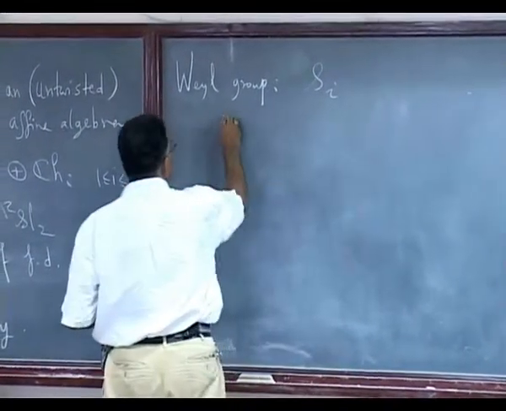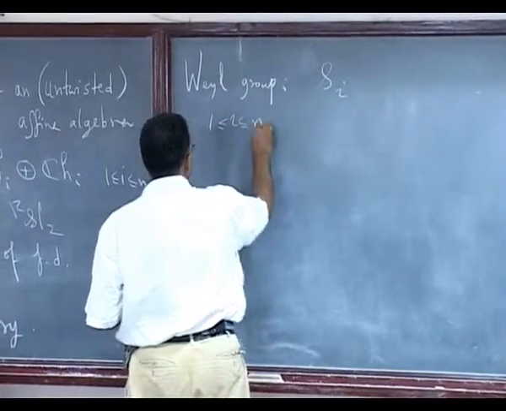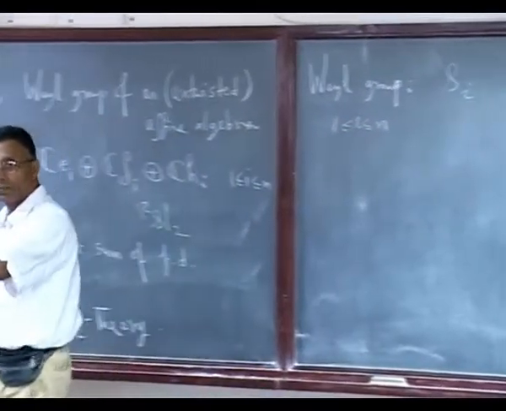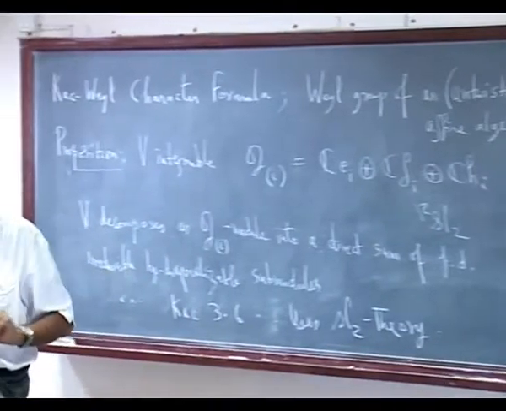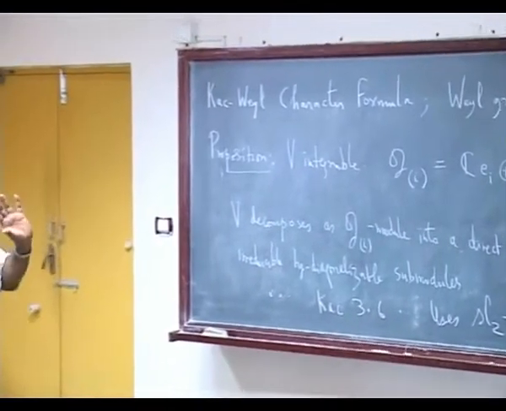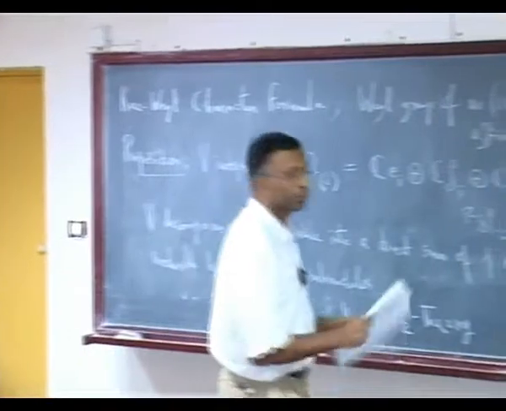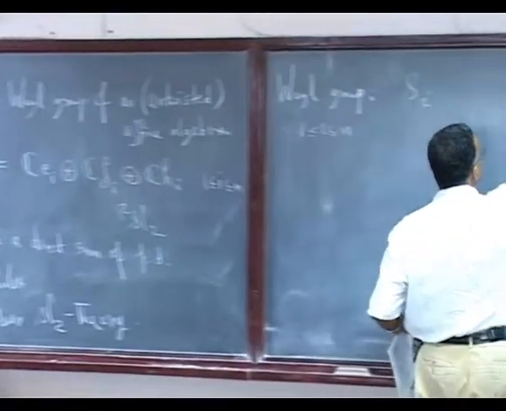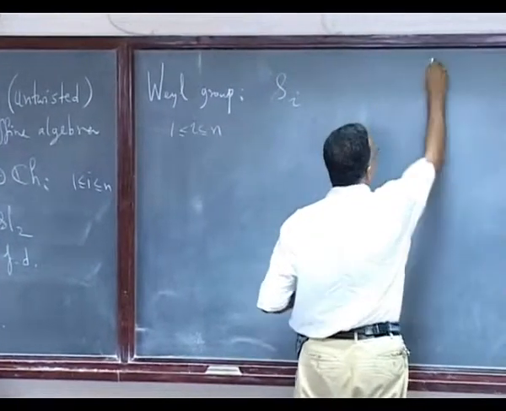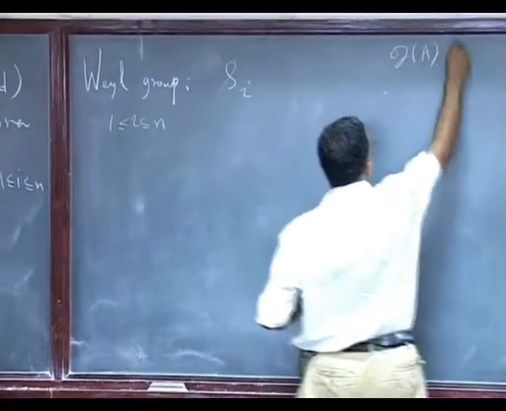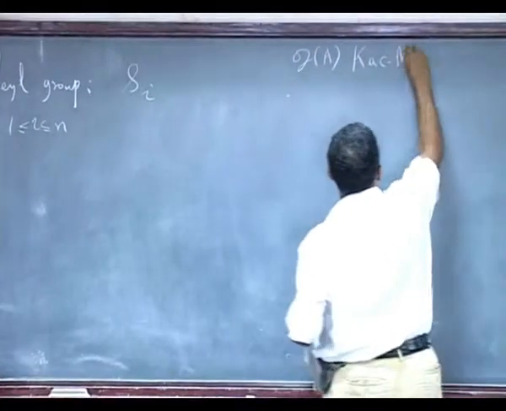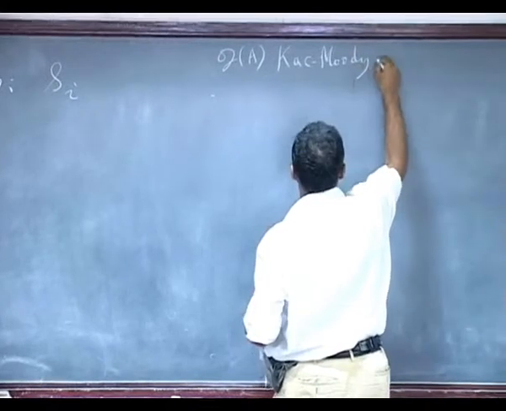So i will always be between 1 and n. n is the size of this matrix A, and I am taking a Kac-Moody algebra. G is a Kac-Moody algebra, which means A is a GCM.